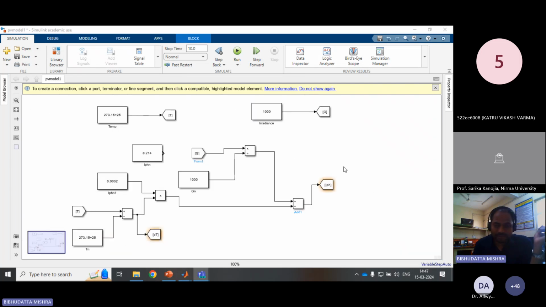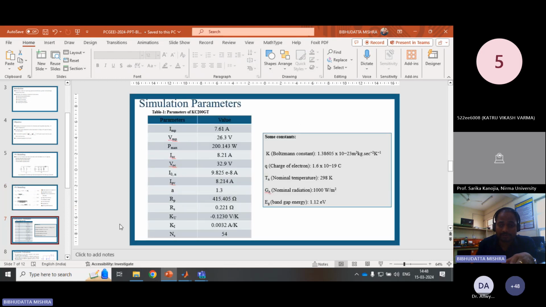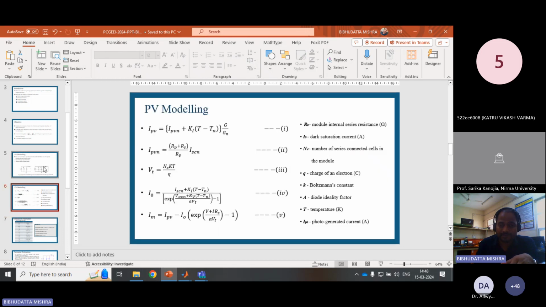Then second part, modeling of I naught. I am moving towards that slide where the formula for I naught is there. That is I naught equal to ISCN plus Ki delta T, directly I am taking T minus Tn as delta T, over the exponential function of VOCN plus Kv delta T by AVT minus 1. What are all the variables or parameters used has been mentioned in the slide, and the values for the constant terms were also given in the slide, taken from a standard paper to model the same.